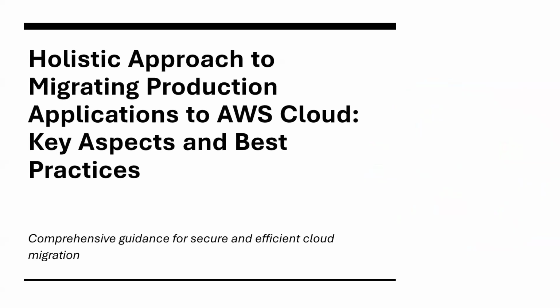So now coming on to the main slides, where I'm going to cover a holistic approach to migrating production applications. For example, we have a few production applications and we are planning to migrate to the AWS cloud.